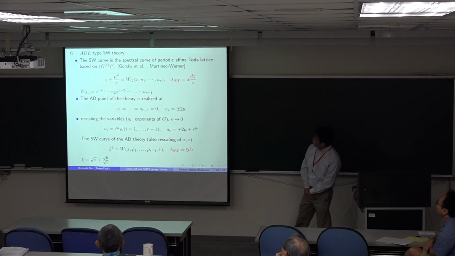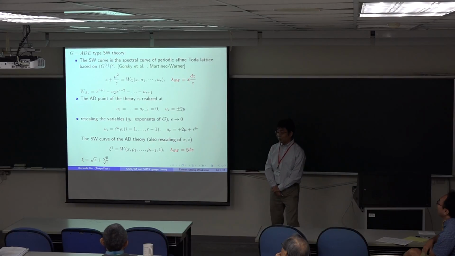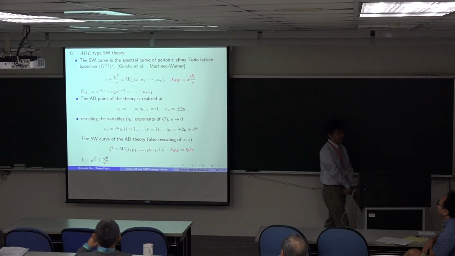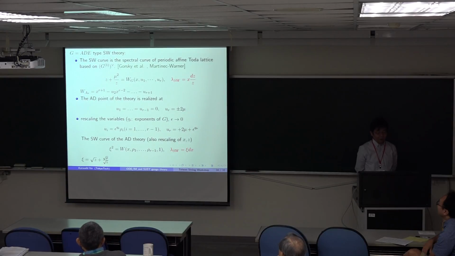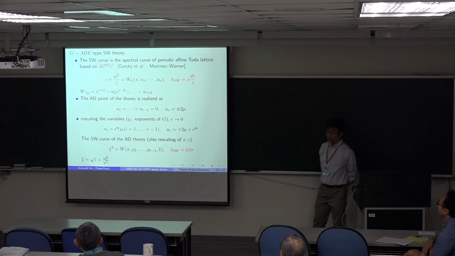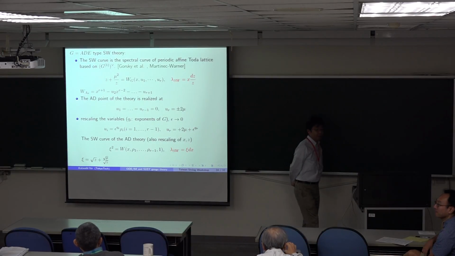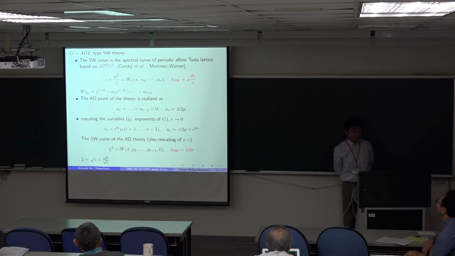So there is an explicit construction of the Argyres-Douglas theory, one way to construct it. This is a special case of the Argyres-Douglas theory associated with the ADE type theory. The Seiberg-Witten curve is related to the spectral curve of the affine Toda, which appears again in this setup.